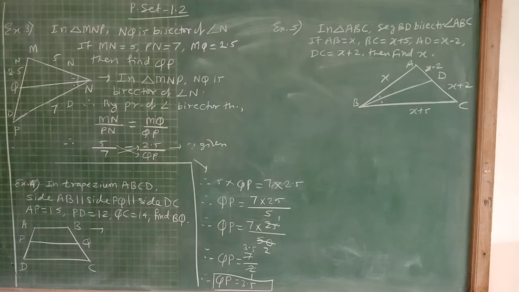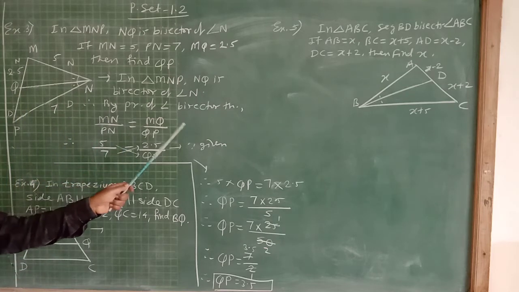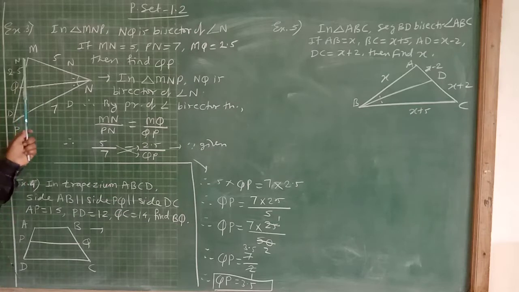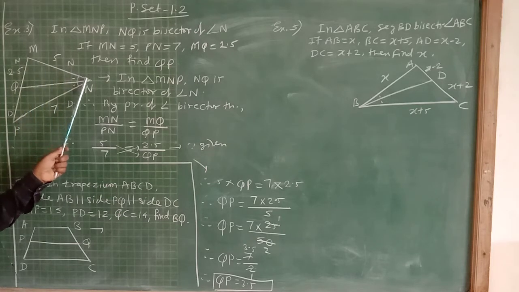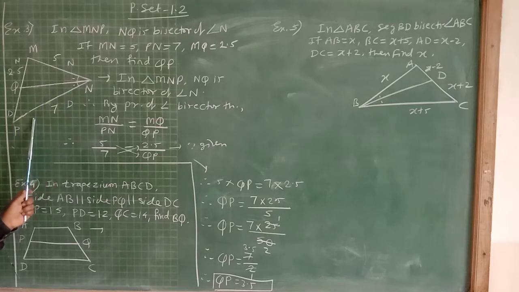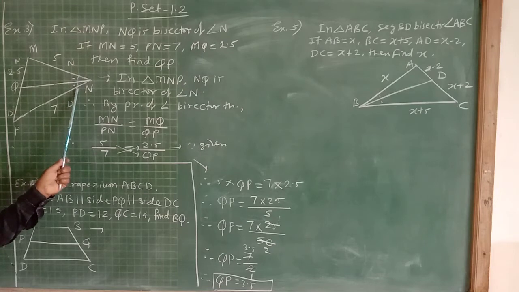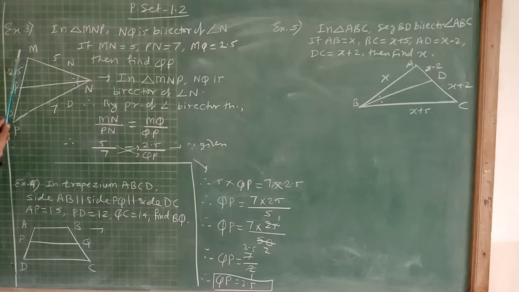So we got the value of QP 3.5. Again, one more time, if NQ is the angle bisector of angle MNP, then use the property of the angle bisector theorem. What does the theorem say? The ratio of the sides making this angle is equal to the ratio of the corresponding remaining sides where that bisector intersects.